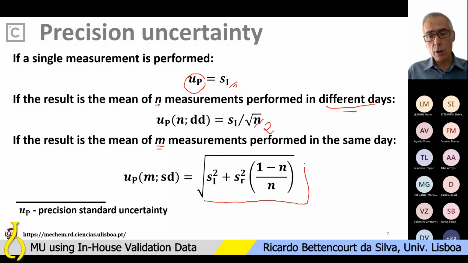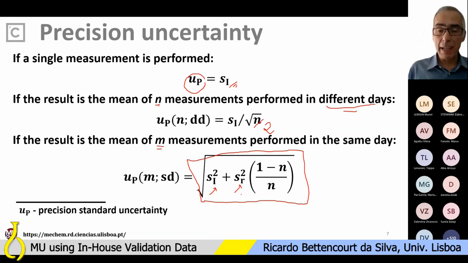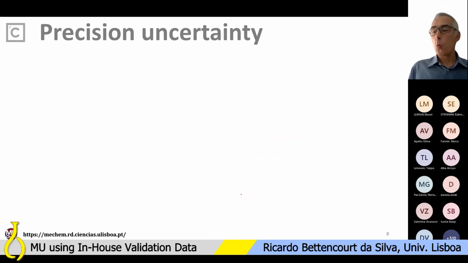And the formula that should be used is this one, that depends on the known intermediate precision standard deviation and the repeatability standard deviation. This formula is very useful to allow you to know how much better your measurement is if you do replicates under repeatability conditions.